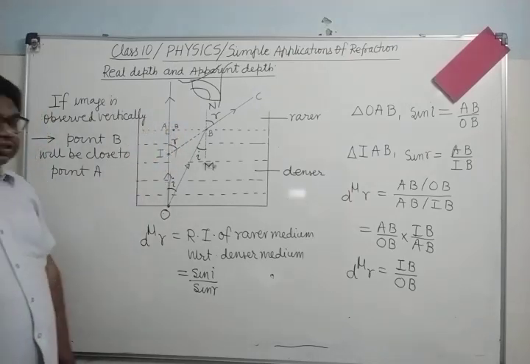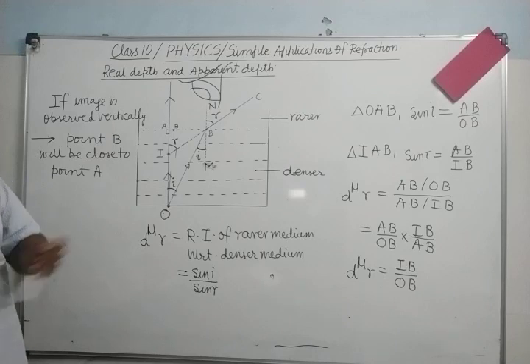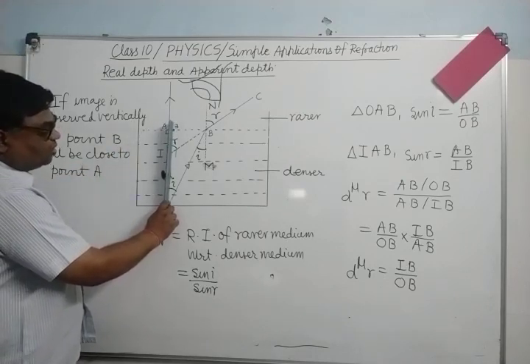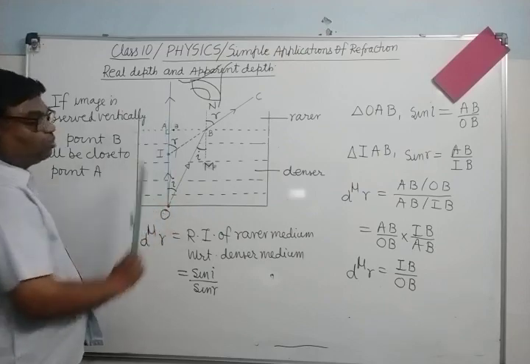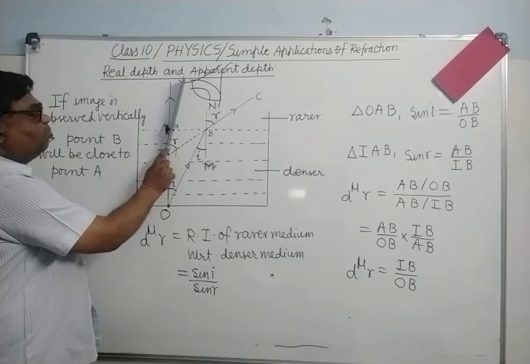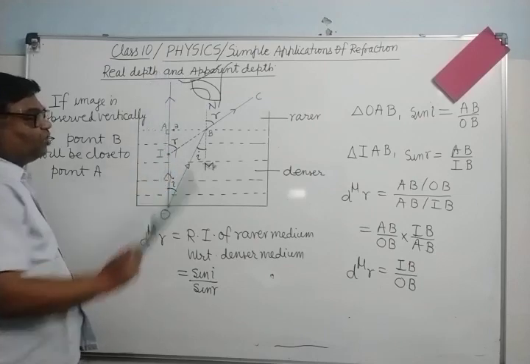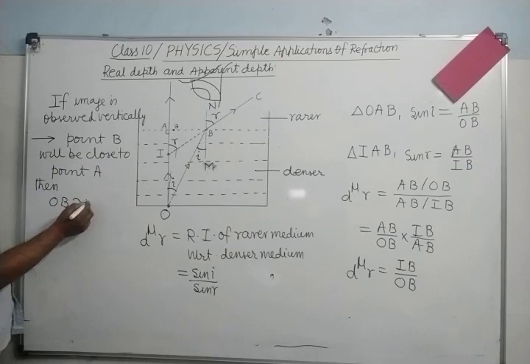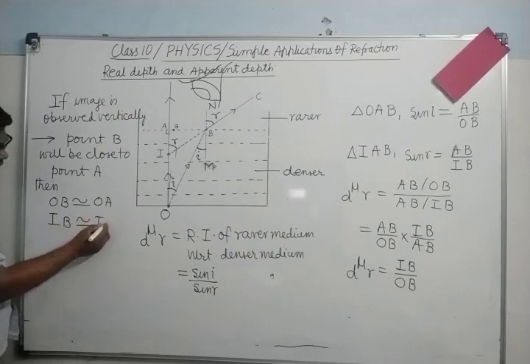You can see here, when we take this point as B, then this is OB. OB and AB both will be the same length, and similarly IB and IA will be equal. Then OB will be nearly equal to OA, IB is nearly equal to IA.